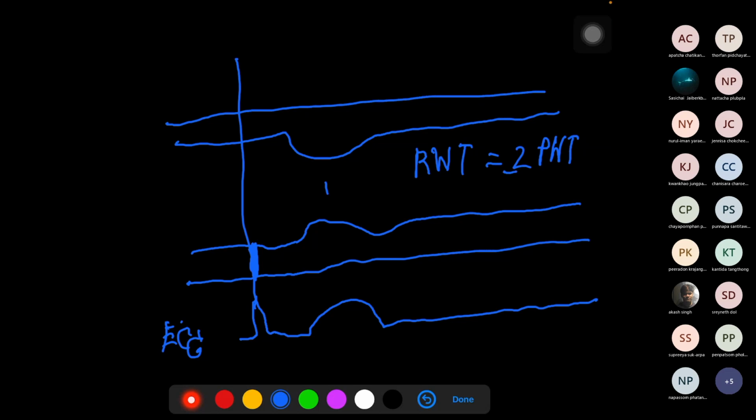And all of this number divided by the LV internal dimension during the diastole is this one. Okay, you will get the relative wall thickness.